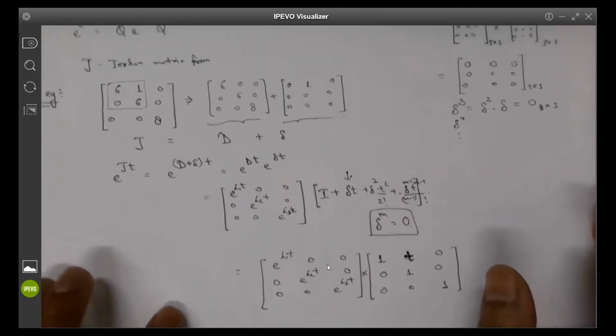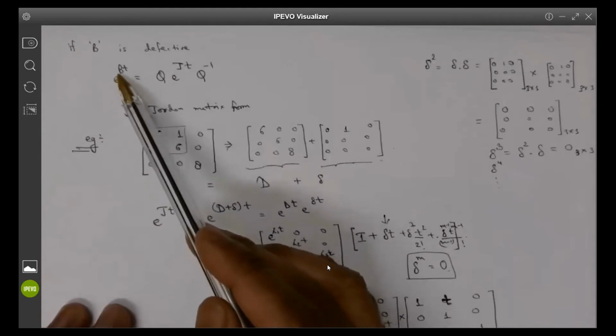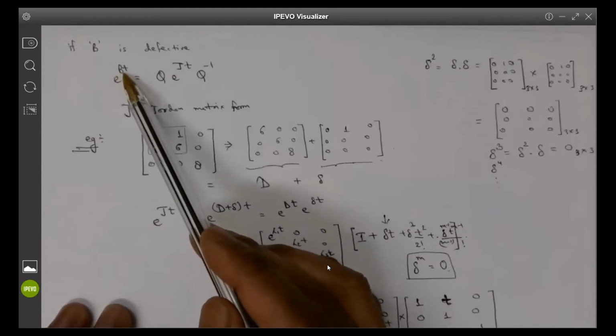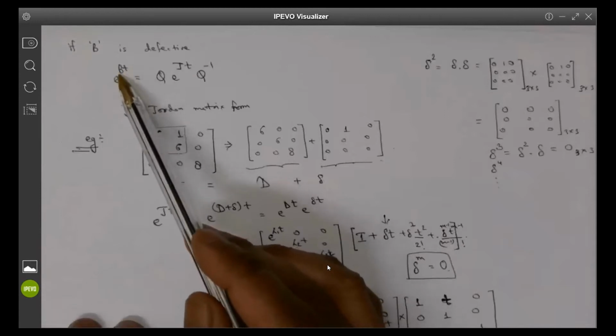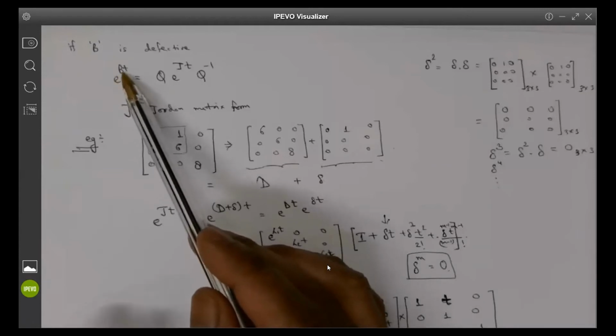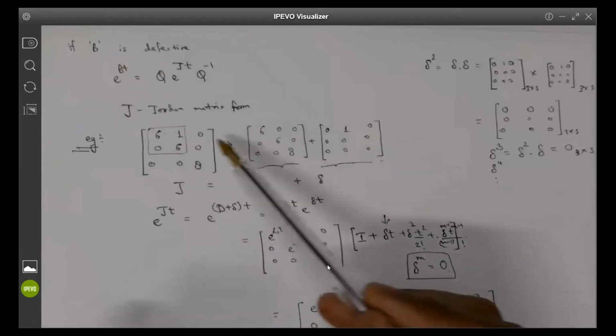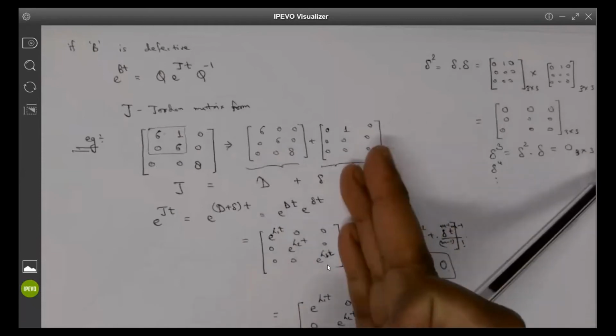I'm just showing you how to compute the matrix exponential, e raised to the power of the matrix times t. t is just a variable, so you don't need to worry about that. We are worried about how to compute the matrix exponential. If the matrix is diagonalizable, then it only consists of diagonal terms, and that's it.